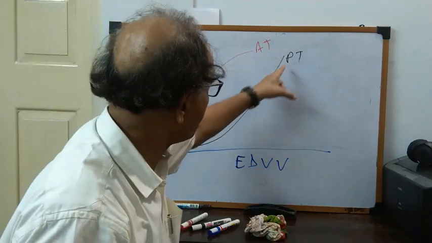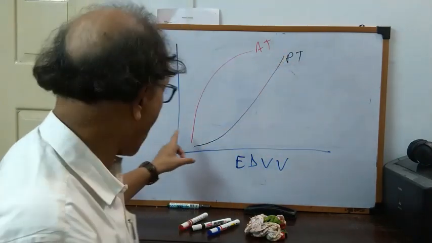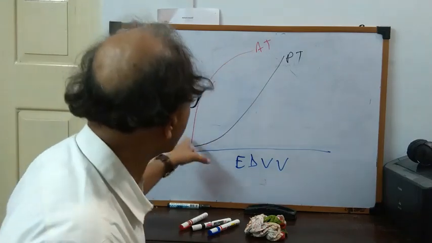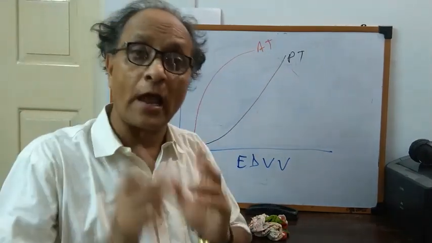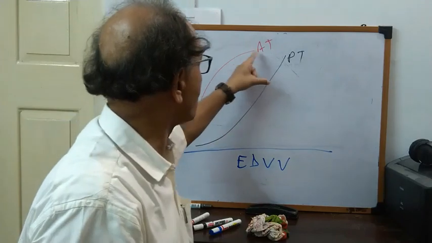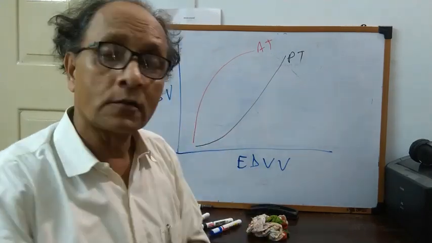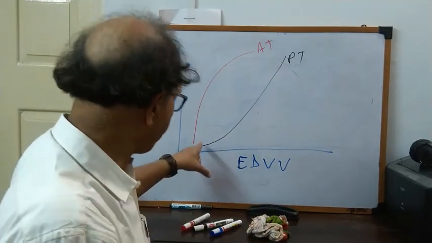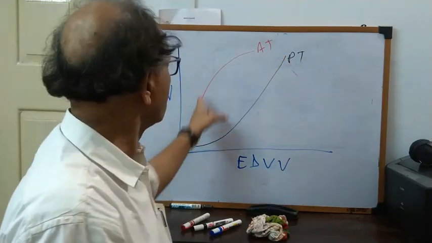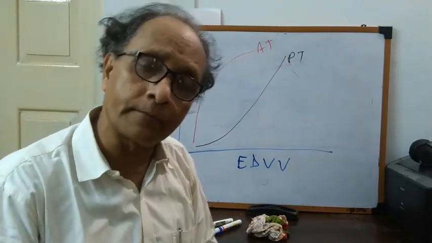So this will follow a filling curve, and that is a performance curve. The active state, I have told you about. This performance curve will determine the stroke volume. So this is the filling curve and this is the performance curve.